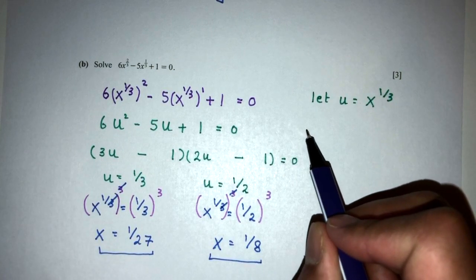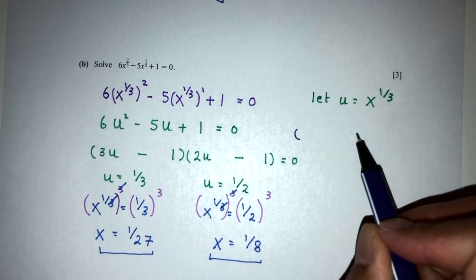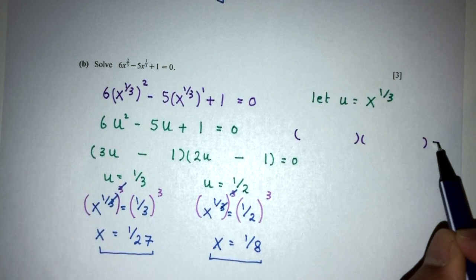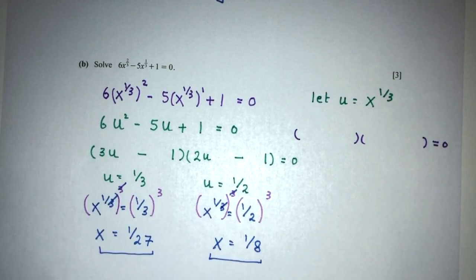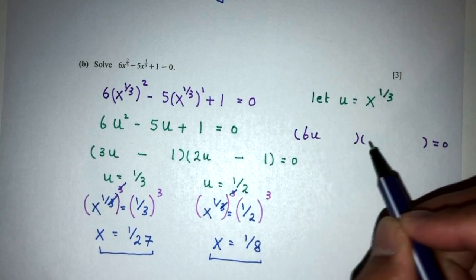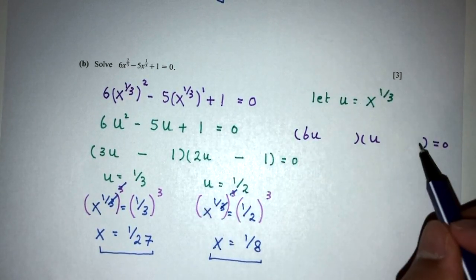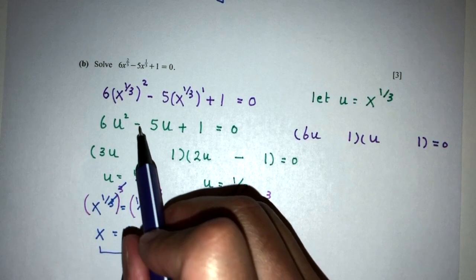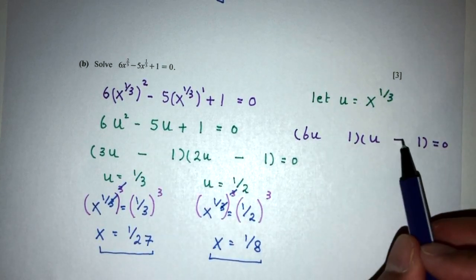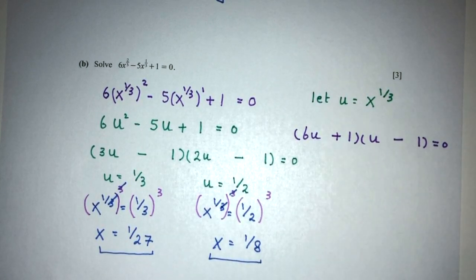For example, we can say, so two brackets, right? Here we have 6u. You can tell me, okay, 6u squared can also be what? 6u times u, right? And 1 is 1 times 1. To get minus 5, we can have minus 6 and plus 1, right?